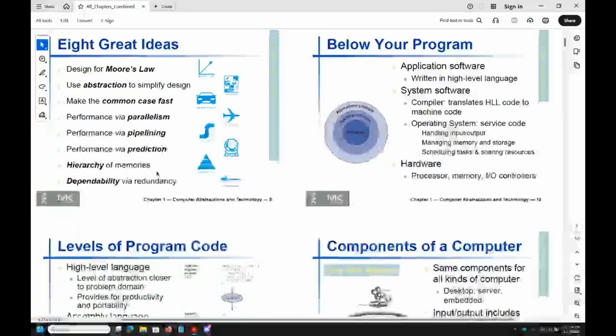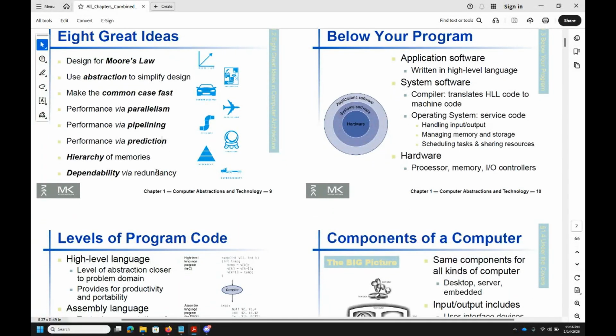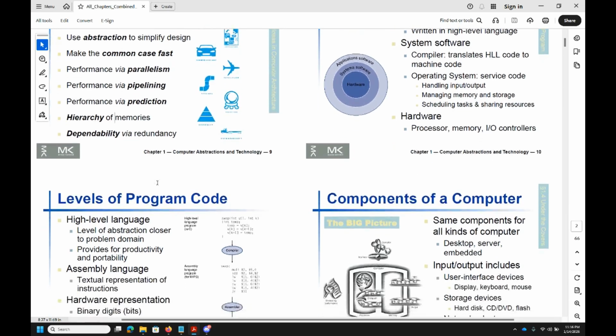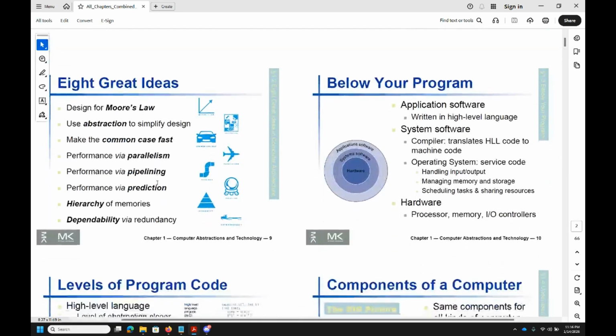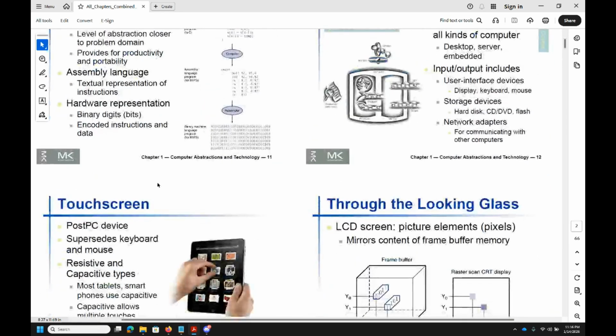Then there's the hierarchy of memories, and finally dependability. The hierarchy of memories is of course registers, cache, RAM, primary storage, secondary storage, and then redundancy is multiple units of the same system to make sure that your system is fault proof.